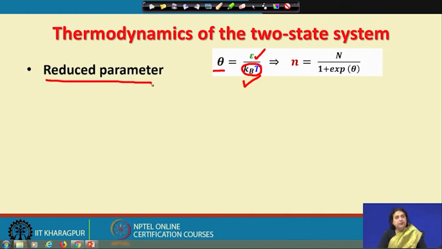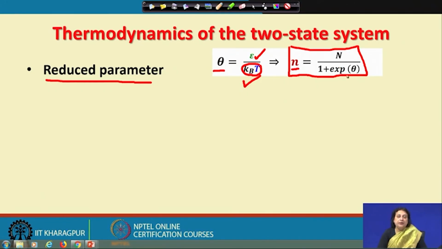Now, if I write down the number n as a function of this reduced parameter, then this is the expression that I am going to get. You see that small n is equal to capital N divided by 1 plus exponential of theta.